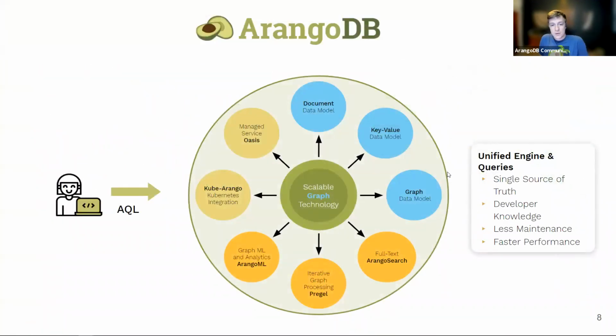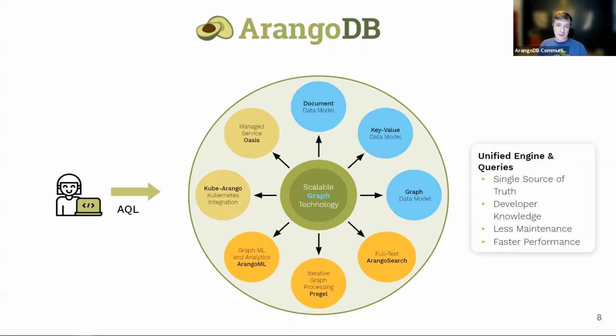And so I mentioned that ArangoDB is a native multi-model database, and this is a good picture of everything that comes with ArangoDB. We like to think that we start from the graph out, so the graph and beyond. You get access to a graph database without any compromise. So you also have access to a full document store, key value store, as well as a built-in full text search engine, and then graph analytics and machine learning from there.